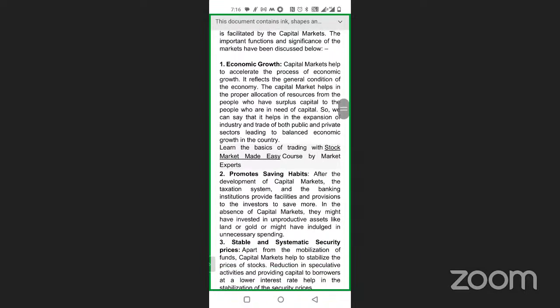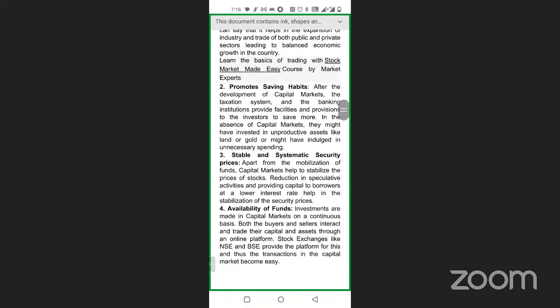The second function of capital markets is promoting savings habits. That means capital market is always looking to promote the savings of the individual. The intermediaries in capital market, individual brokers, brokerage houses, or the AMCs, asset management companies, have very specific work: to draw the savings of the individual, to draw the individual towards making investment.